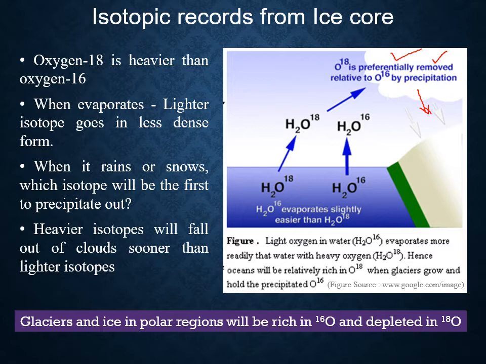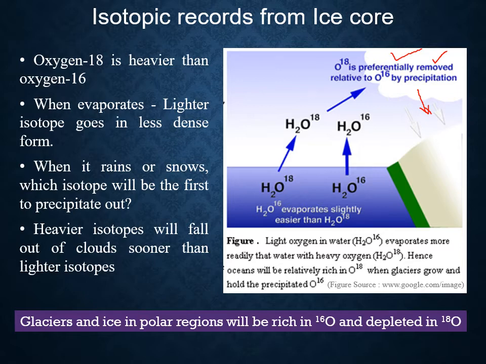As the clouds move towards more and more high latitude regions, gradually they will be depleted in the heavier oxygen isotope. So in polar regions, the precipitation will be rich in O16 compared to O18.